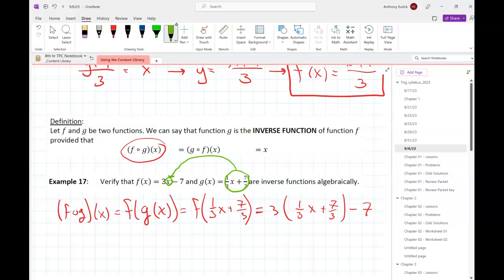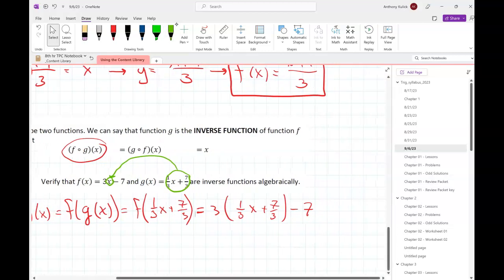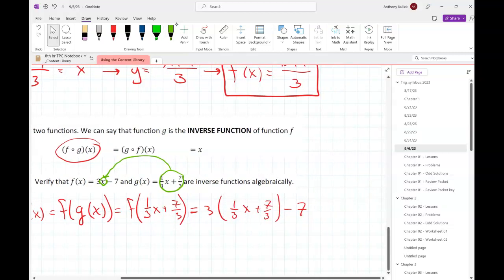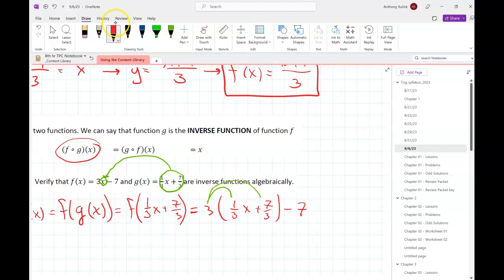So far, so good. Okay, now I just need to simplify. The first thing I should do to simplify this is distribute the 3. Yes, good. So 3 times 1/3 is 1.